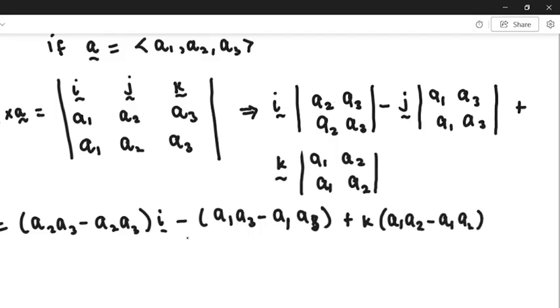You can see that everything is 0, so you're going to get 0i minus 0j plus 0k, which in simple terms is just 0.